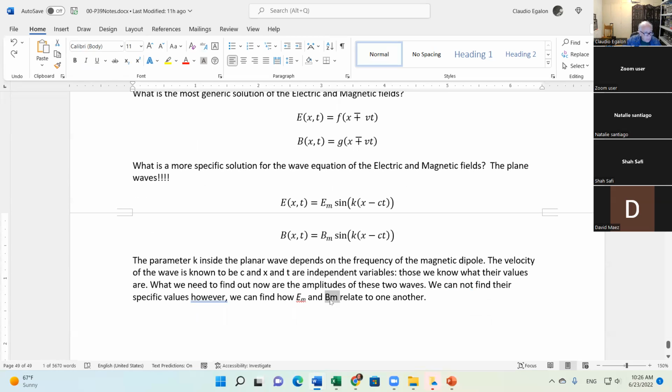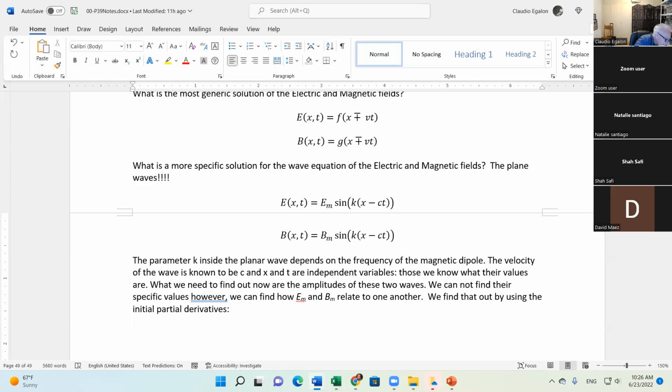We find that out by using the partial derivatives.